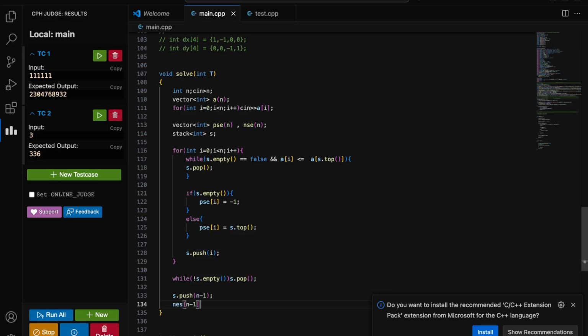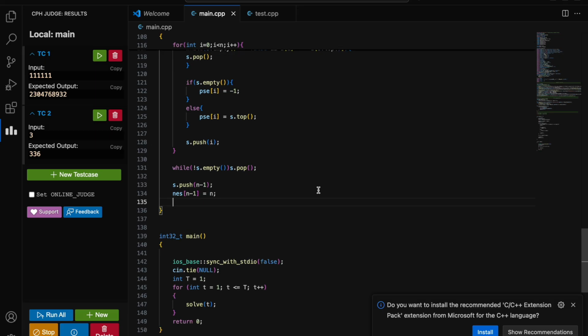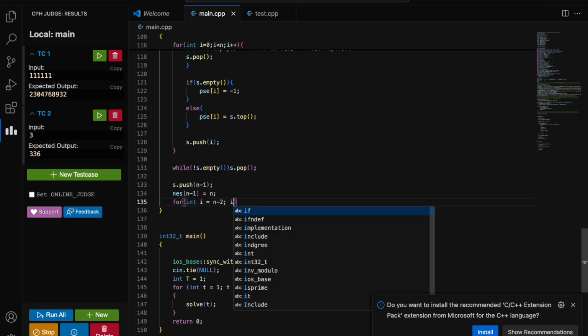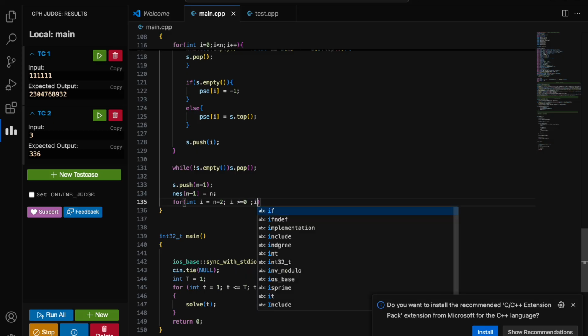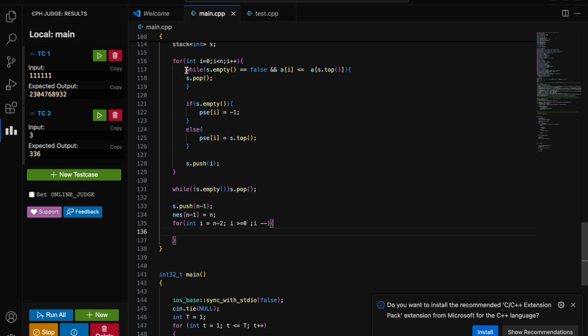So let's push the last element, and NSE of that would be n, as we have said. And for i equal to n minus 2, i greater than or equal to 0, i minus minus. Now we will be using the same code for this.